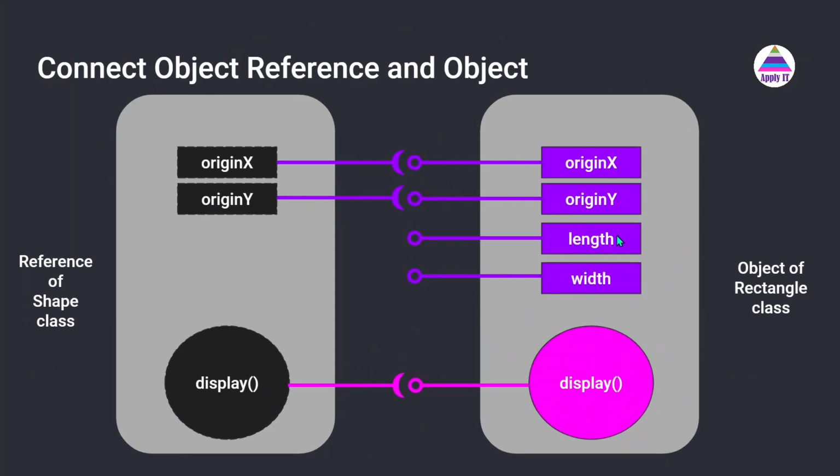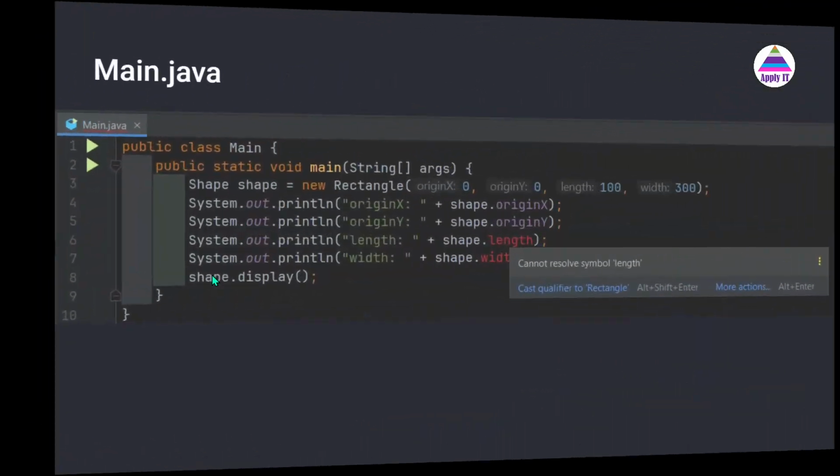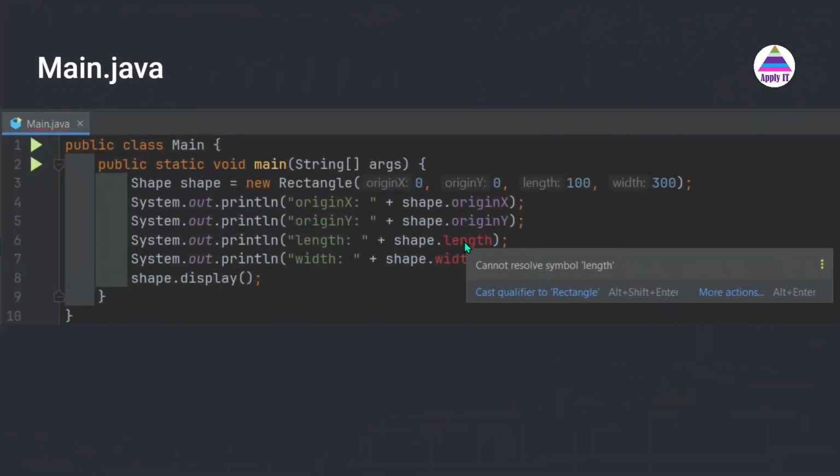And we find that length and width, even though they are present in the object of the rectangle class, their connectors do not get connected with hooks, because hooks, or we can say names, for length and width are not at all present in the object reference of the shape class. That is the reason that using a reference variable of the shape class, we are not able to access the data members or member functions that are present in the derived class.